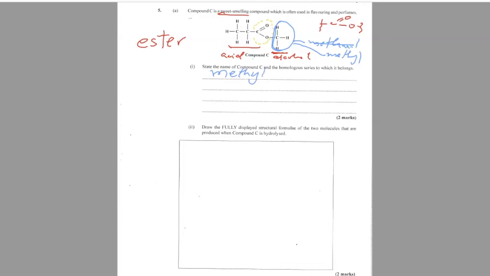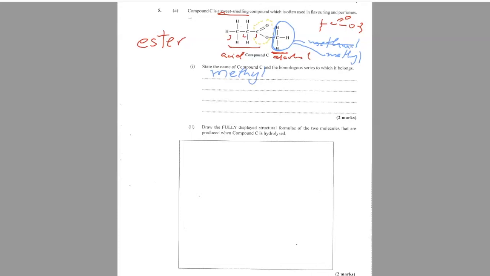And then the other part, coming from the acid, the front part, is made up of 3 carbons, 1, 2, 3. So that would have been formed from propanoic acid. So the name of the compound would be methyl propanoate. Methyl from the alcohol part, propanoate coming from the acid part, which is propanoic acid.